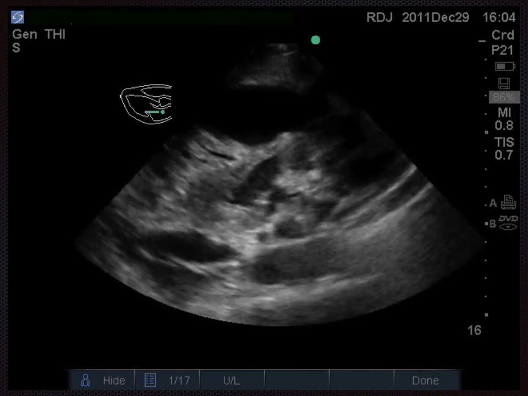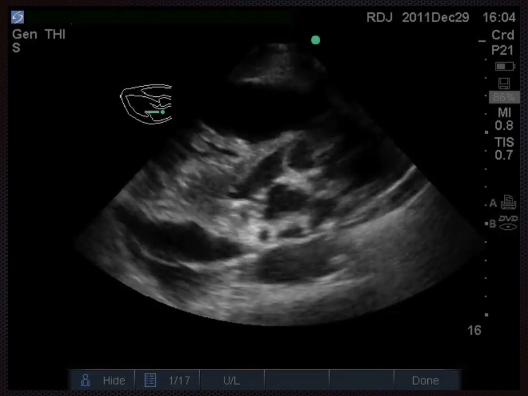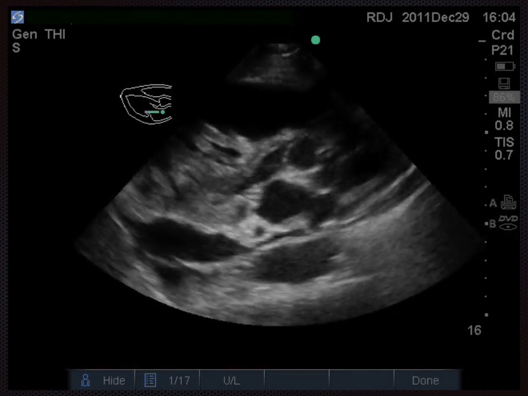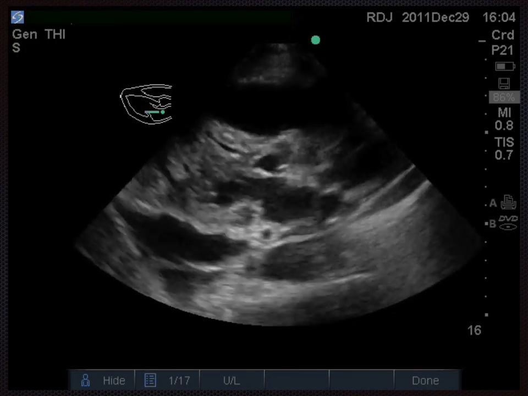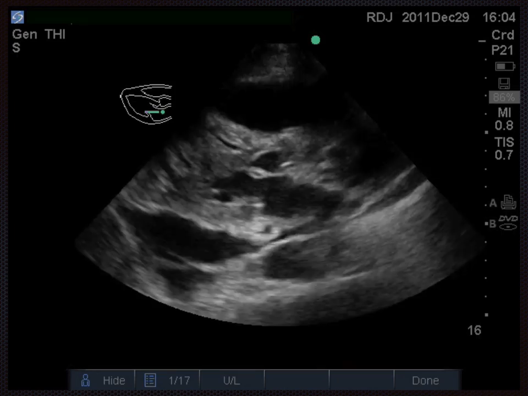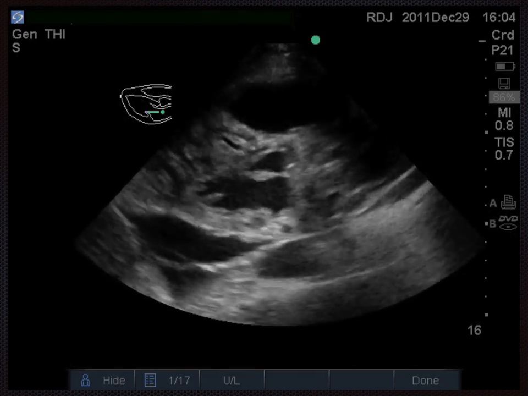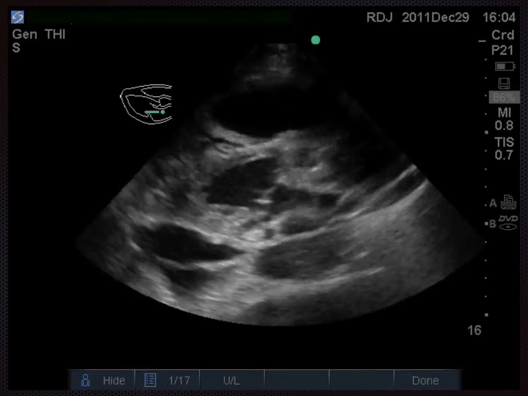So D for dimensions. Now we know from the scale on the right side that the small dots represent 1 centimetre markings. So let's have a look at the aortic root, and it's certainly less than 4 centimetres. If you can't find the aortic root, just remember, look below the right ventricular outflow tract at the top. Then below the aortic root, there's a left atrium.